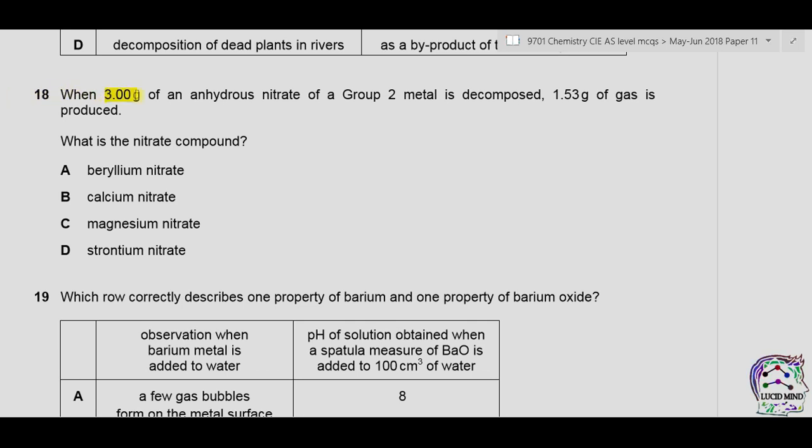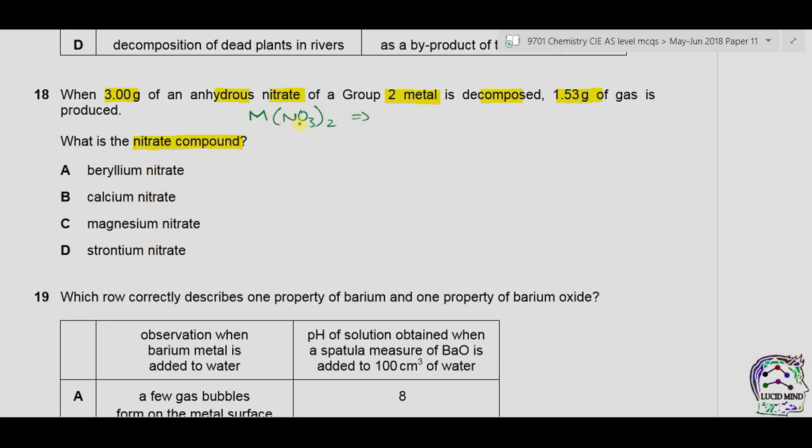Question 18. When 3 grams of an anhydrous nitrate of group 2 metal is decomposed, 1.53 grams of gas is produced. What is the nitrate compound? Now the formula of group 2 nitrates is M(NO3)2. Let's find out the molecular masses of all these 4.